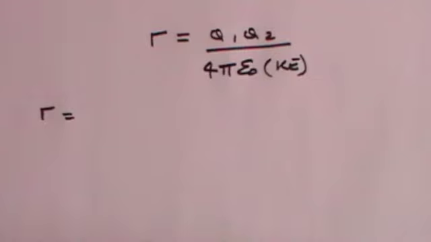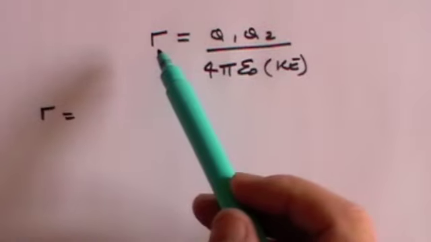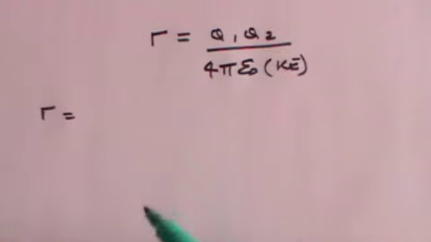So I've rewritten the formula which we just derived for the radius, and now let's see if we can work out what that actually is. Well, Q1 is the charge on the alpha particle.